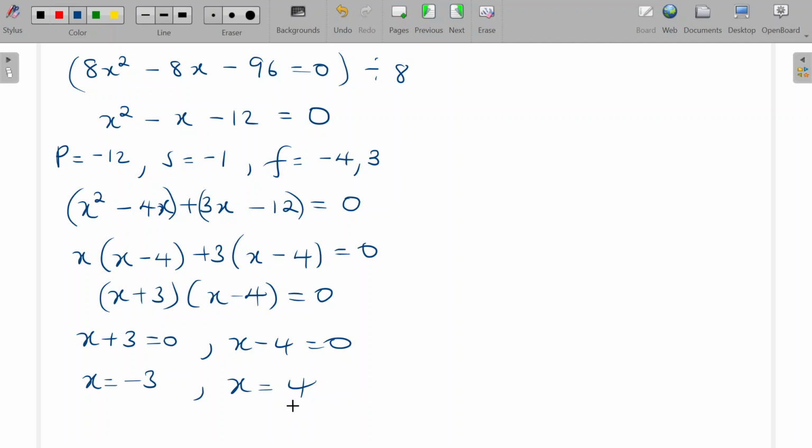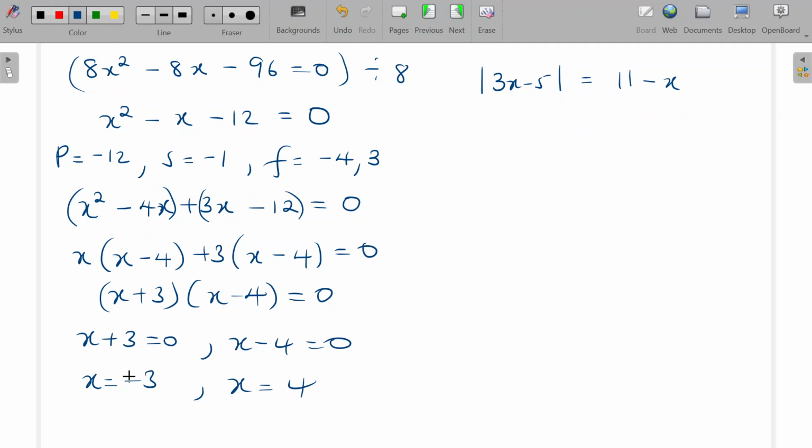If you get these answers, you just don't get them like that. You have to test them in the original function, which was the modulus of 3x minus 5 is equals to 11 minus x. It has to give you the same answer for both sides. If it doesn't, that solution, you reject it.